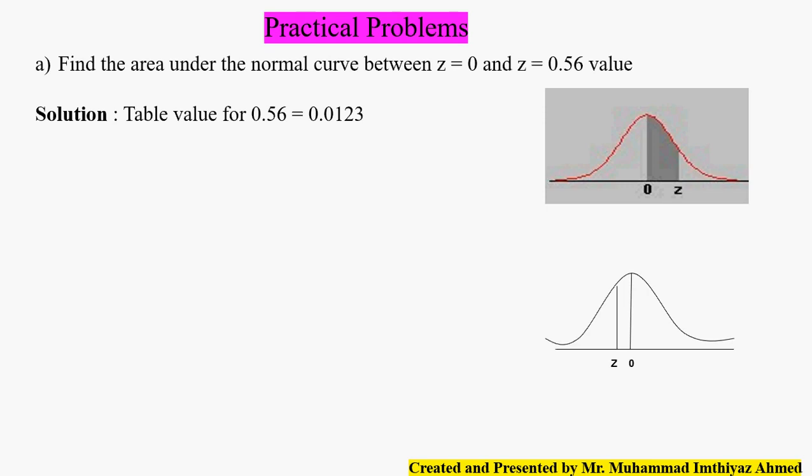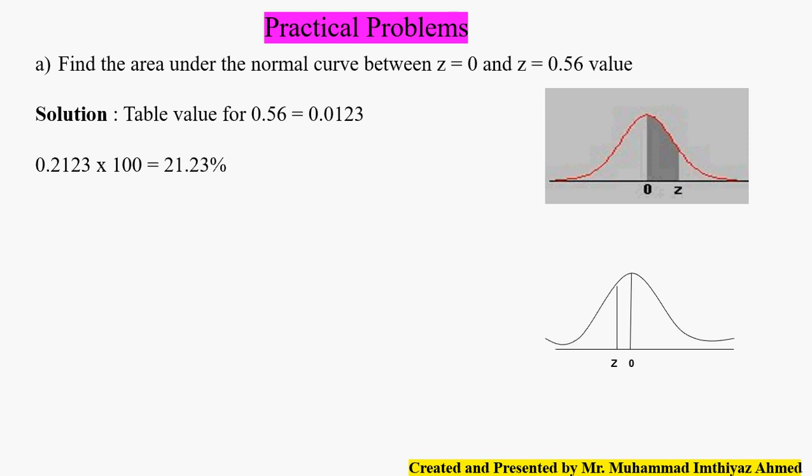So the value of z 0.56 will be 0.0123. So this is from the table. So after getting this value, we need to multiply by 100. So the value will be 21.23 percentage. So this is our first problem answer.